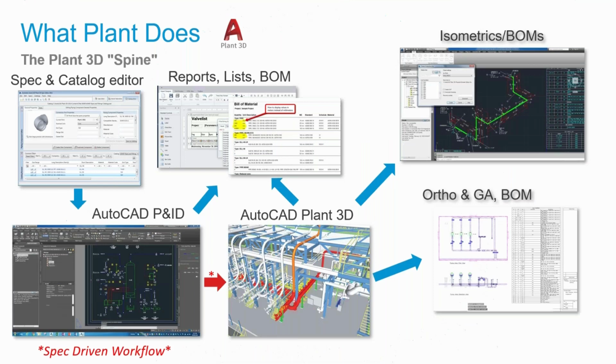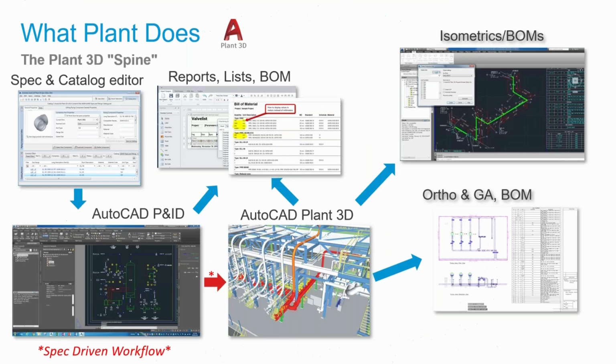So if you move to the next slide, Martin, you can see here a bit what Plant 3D can do. It's what we could say the spin of Plant 3D. Most of you already know this. It's just to compare with the next slide with Revit. However, you can see that it's spec driven.